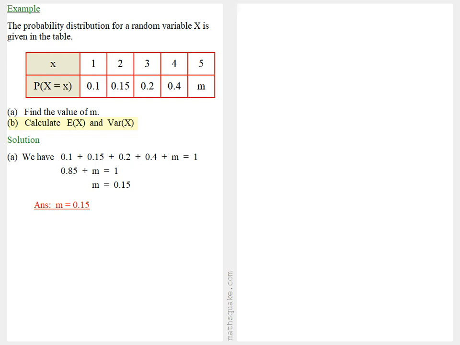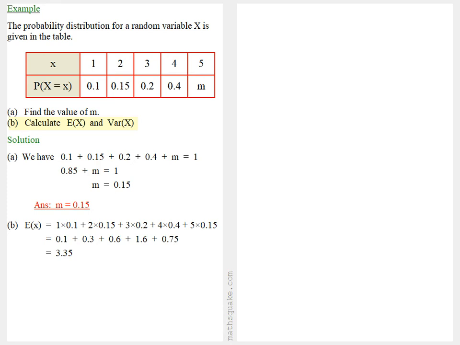Now the expectation is simply the sum of the xp's. So the expectation is 1 times 0.1 plus 2 times 0.15 plus 3 times 0.2 plus 4 times 0.4 plus 5 times 0.15, which is 0.1 plus 0.3 plus 0.6 plus 1.6 plus 0.75, which is 3.35.